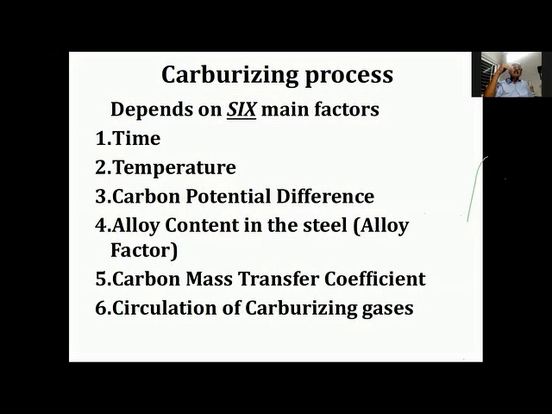Alloy content in the steel is one of the factors, called an alloy factor or correction factor. We know that 0.8 is supposed to be the optimum carbon for any steel, but it is not strictly true. If you have got a steel like 20MnCr5, the alloy factor there is 0.9.